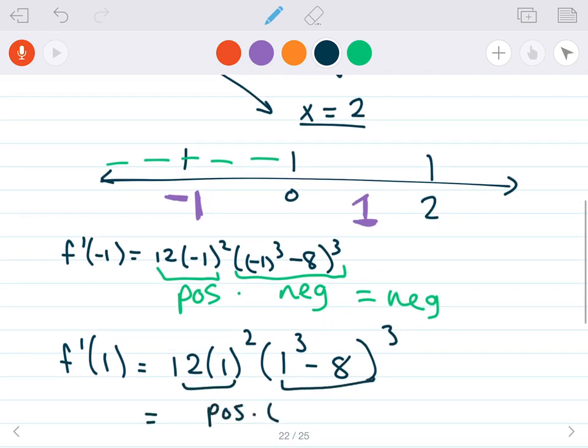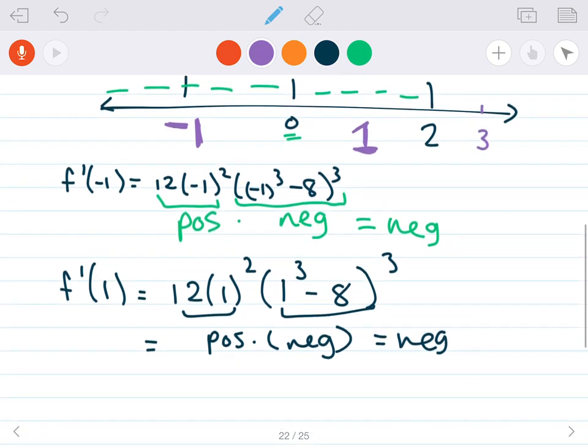This 1 minus 8 is negative. Negative to the third is negative. So again, a positive times a negative is a negative. Okay, so we can already tell right off the bat that 0 is not a local max or min because we're not changing signs there. Now the last thing we want to do is look to the right of 2. How about we look at x equals 3? Plug it into the derivative.